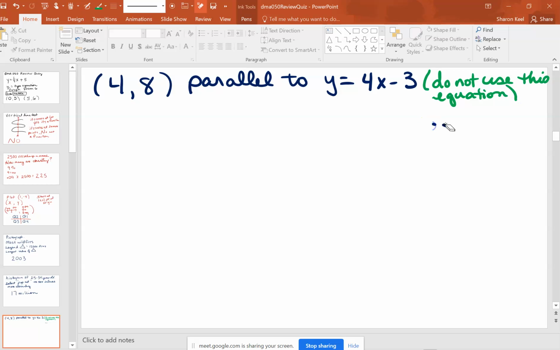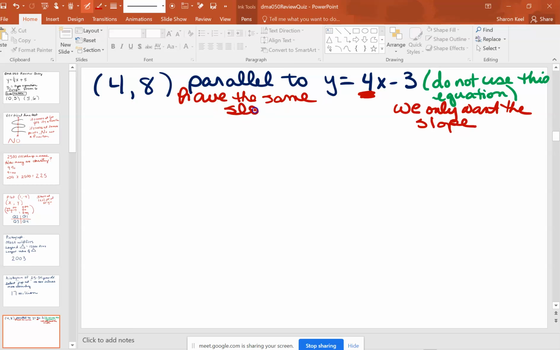There's only one thing we want from this equation: we only want the slope. Why do we only want the slope? Because parallel lines have the same slope. So if we're told that our line is going to go through the point (4, 8) and is parallel to this equation, all we want from the equation is to write down that m equals 4.